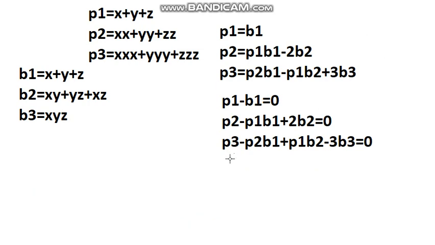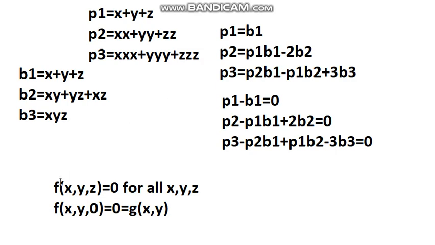So what about where the power is much more than the number of variables? For example, there we'll have only 2 variables, x and y. Will it work, or will it not? Of course it will, because there we can say f of x, y, z is 0 for all x, y, and z values, but it means that f of x, y, 0 is 0.